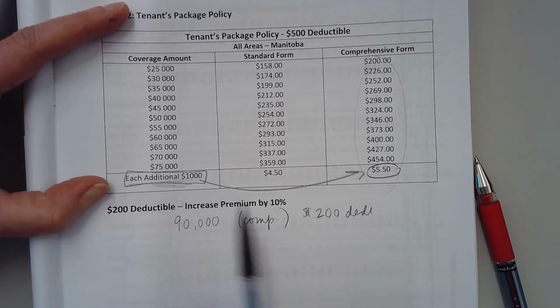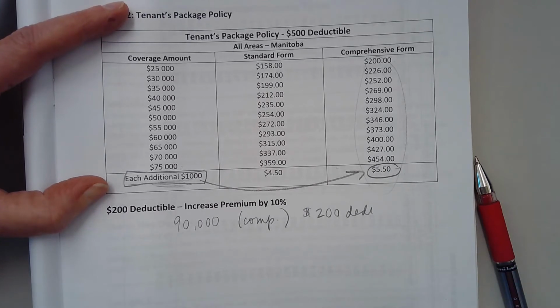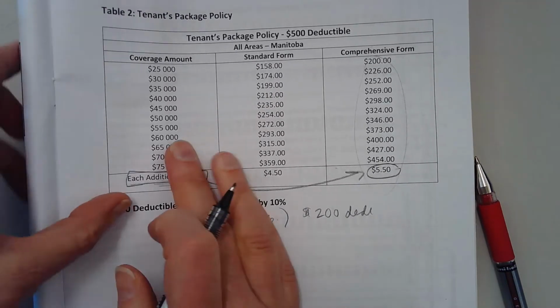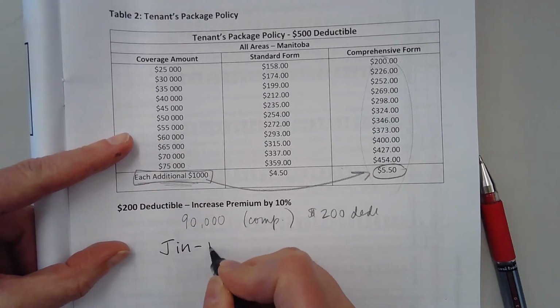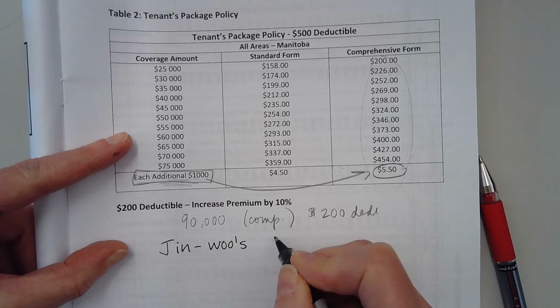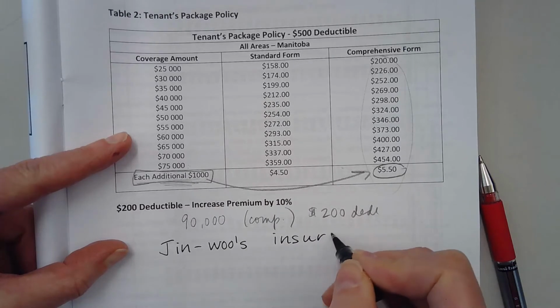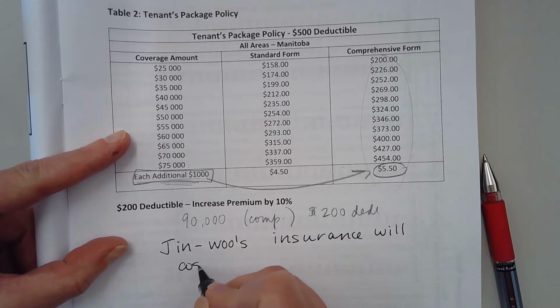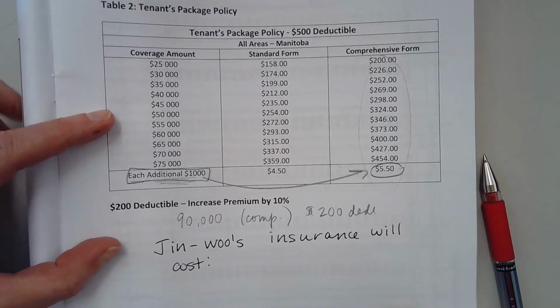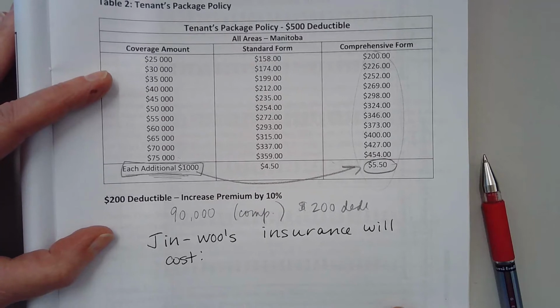We've done that before with our mortgage payments. So Jinwoo's insurance, I'm just going to do it here. Will cost, this is as complex as tenant's insurance would get.